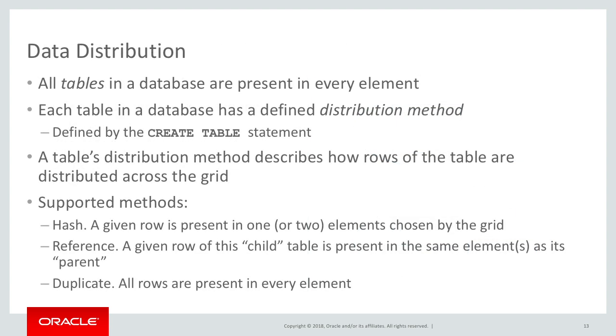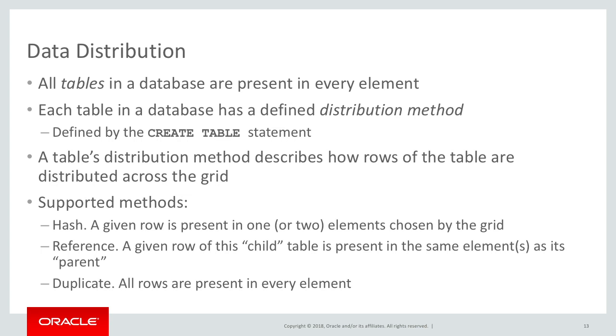So now let's start to talk about which rows of each table are present in each element. And that's a topic we'll call data distribution. As I said, all tables in a database are present in every element. Now, when a user creates a table, they define a distribution method for that table. The distribution method of each table in a database may be different.